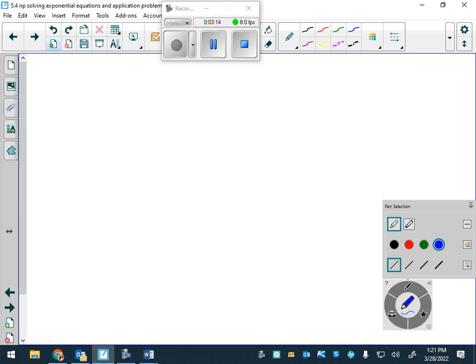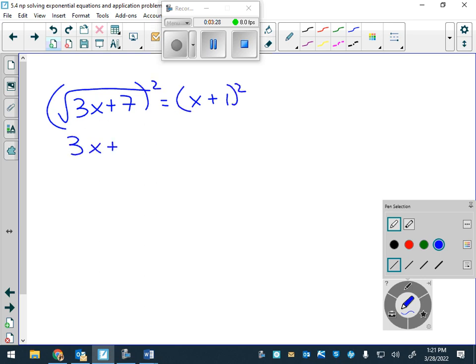And then the last one, which I believe a lot of you did get correct. We have to square both sides. We end up with 3x plus 7. This is FOILed out, so x squared plus 2x plus 1.